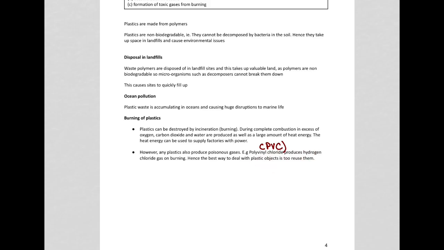But in some cases, if you're able to treat these acidic gases and eliminate the problem of these waste gases, the burning of the plastic also produces a lot of heat. And this heat energy can be used to supply factories with power. So this is an advantage of burning the plastic, and this is a disadvantage of burning the plastic.